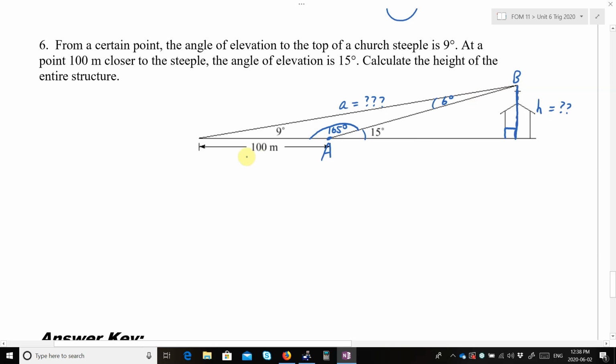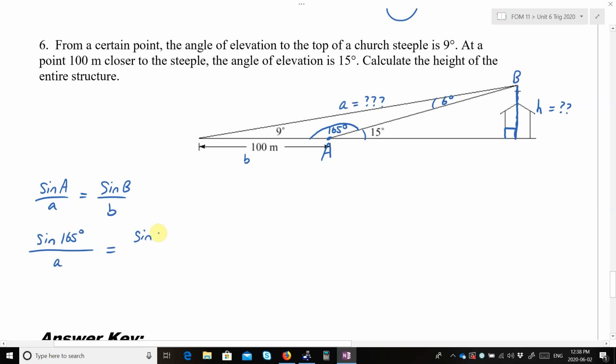Okay, so I've got this angle B and its opposite side 100, and then I've got angle A and a missing side, so I can go sine A over A is equal to sine B over B. Angle A is 165 degrees. Little a is what we're looking for.